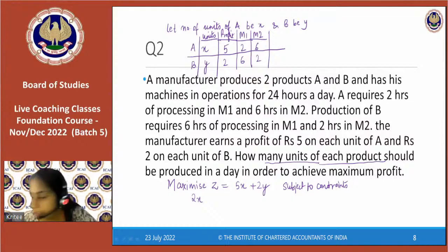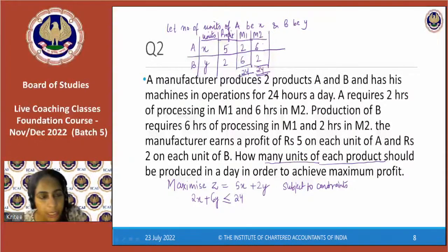Likewise, if 1 unit of B is taking 6 hours, Y units of B will be taking 6Y. Both the machines are available maximum for 24 hours a day. They cannot be run for more than 24 hours a day. So 2X plus 6Y, the total number of hours that machine is running, should be less than or equal to 24.